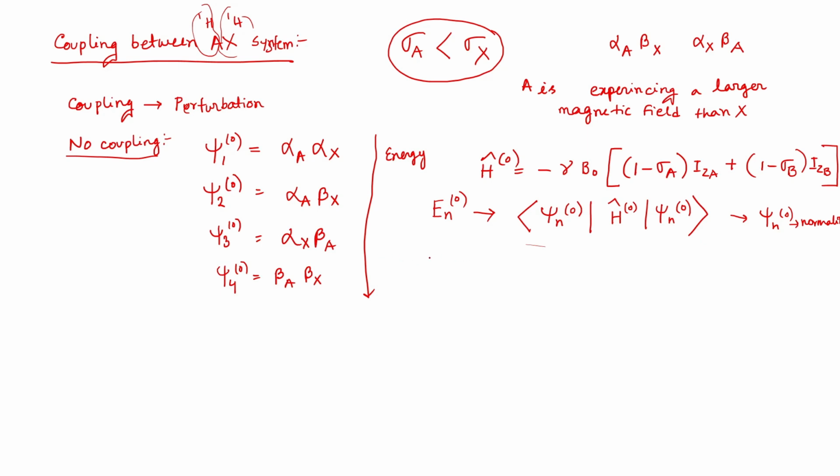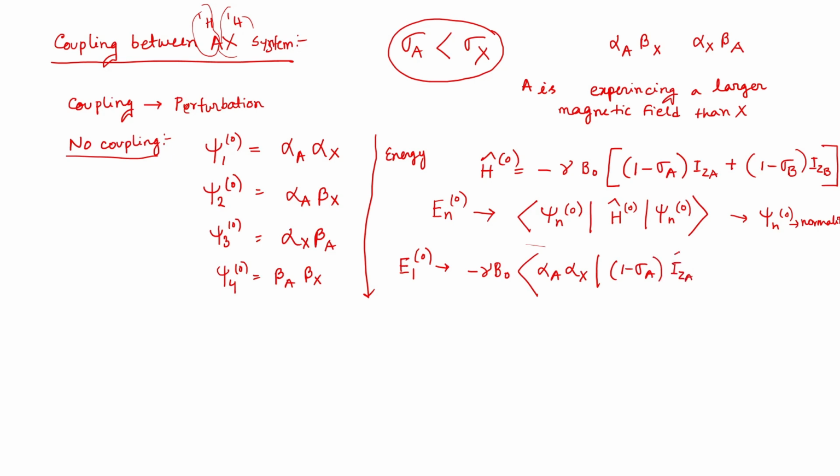So let us calculate what the energy is going to be for the first state, E_1^0. So that is going to be γB_0. Let us take that thing outside the bracket. So it is σ_A, so I know what is α_A α_X. Then (1 − σ_A) I_zA.